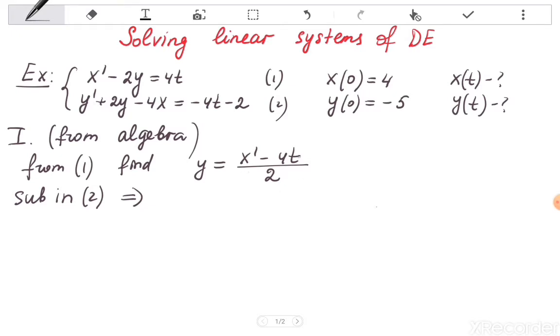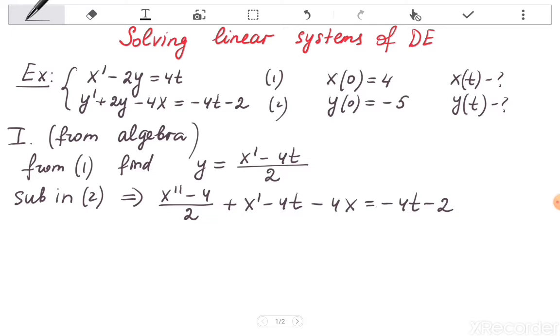So we have to find the first derivative of this thing. And the derivative is x double prime minus 4 over 2, plus 2 times y. So this 2 and this 2 in the denominator will be cancelled. So we get just x prime minus 4t, minus 4x equals minus 4t minus 2.